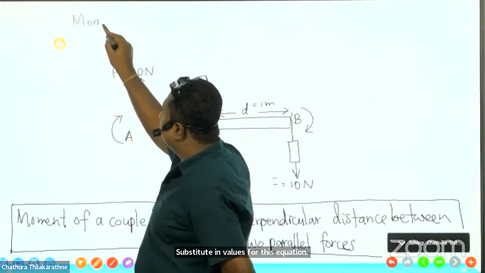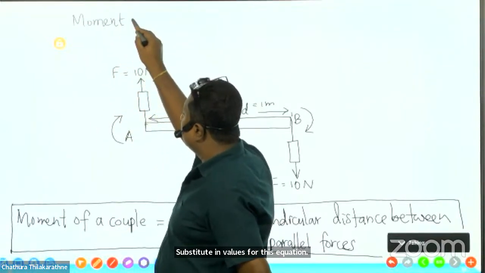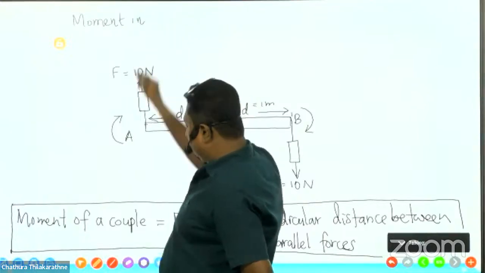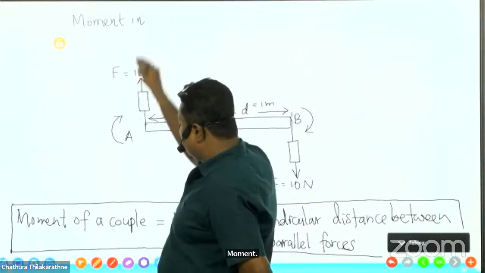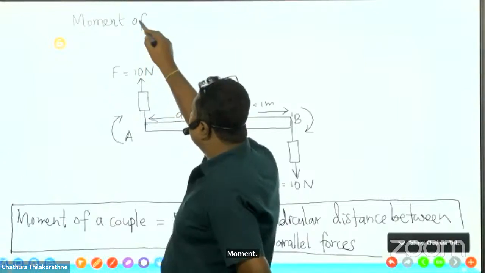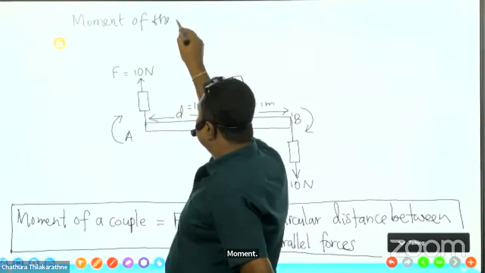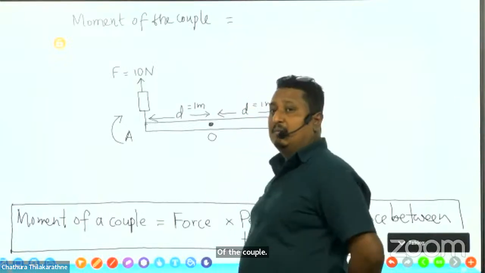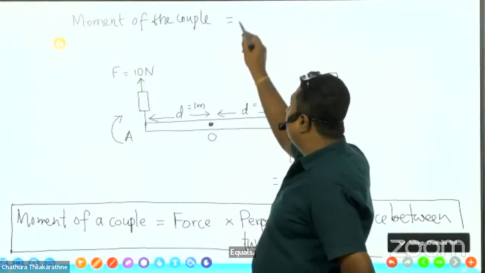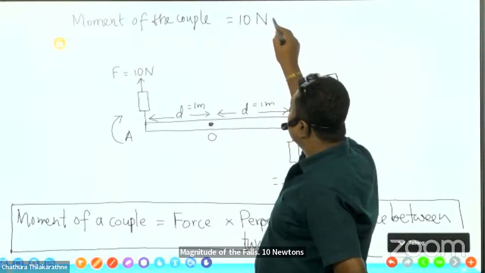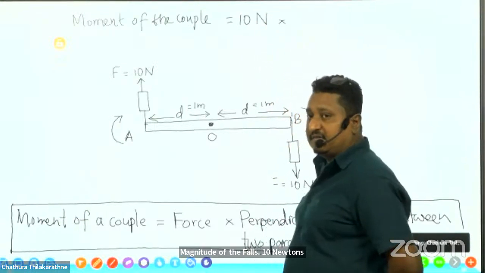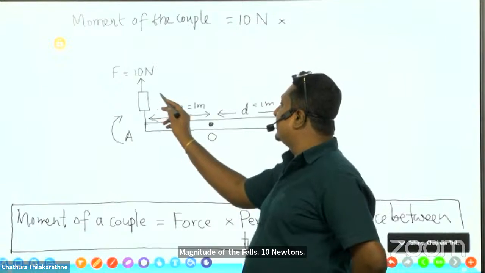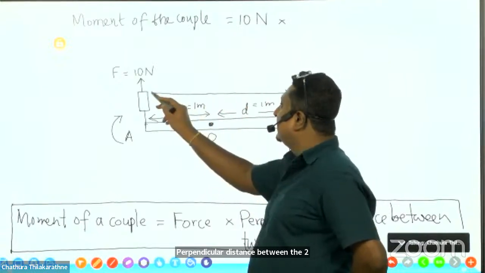Moment of the couple equals magnitude of the force, 10 newtons, times the perpendicular distance between the two forces, 1 plus 1, 2 meters.